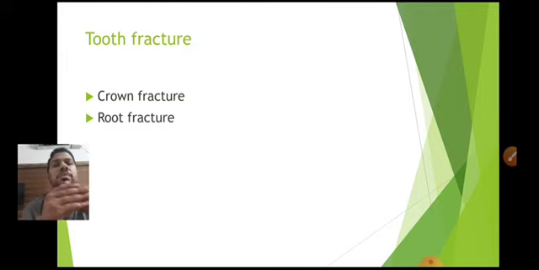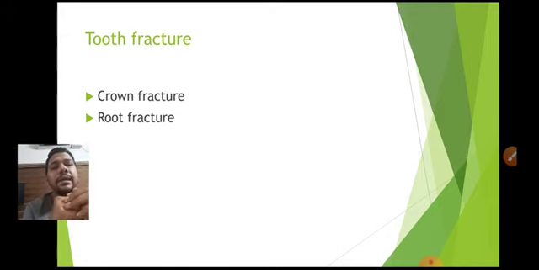Sometimes the post space you are creating may come very near to the apex or may go laterally, which causes perforations. All these can cause failures. Such failures can't be corrected. You can extract the tooth, and if the patient is having pain, then you can think about another FPD or implant.